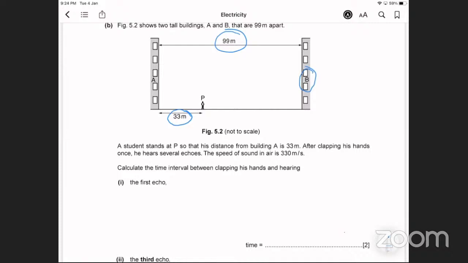Okay, so I assume that the first echo would be because of the closest building, which is A. So then I simply took the speed of sound in air, which is 330 meters per second, and I divided it by the distance, which is 33 meters, to get the time, which I got 10 seconds.